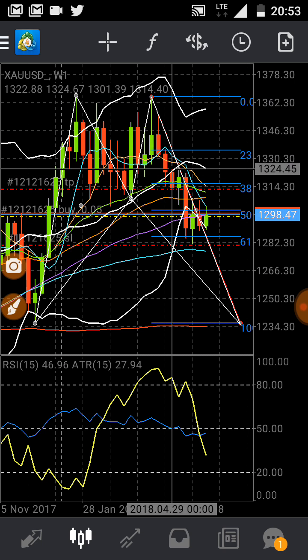It's going to be 1324.45. Now if we go down by 27, let's say 28, it should give us about 1296, more or less. So the bottom of that candle should have been somewhere around a $28 price range.